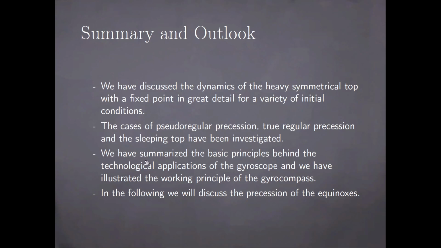We have summarized the basic principles behind the technological applications of the gyroscope, and we have illustrated the working principle of the gyrocompass. In the following, we will discuss one of the most important applications of this chapter, which is related to the dynamics of the Earth and the precession of the equinoxes.